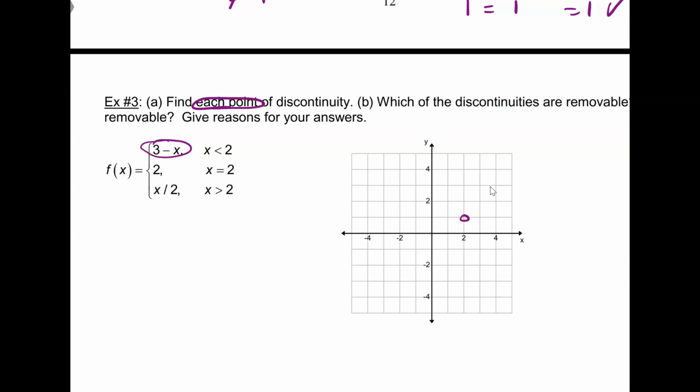And whenever x is less than that, I'm going to follow this graph. So what if I put 0 in? 3 minus 0 is 3. That makes sense because I have a slope of -1 and a y-intercept of 3. It's hard drawing straight lines.